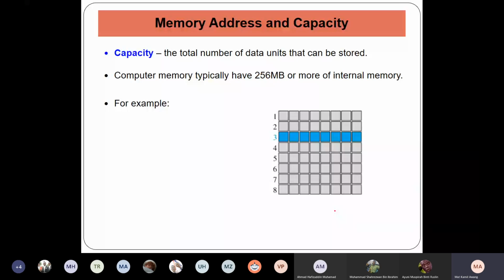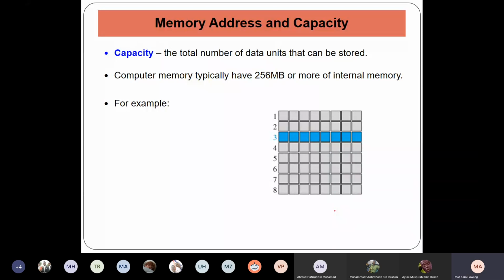And if you want to know whether it is byte or bit, you look at the letter B. If it's a capital B, it means bytes. If it's a small b, it is a bit. So computer memory typically has about 256 megabytes or more of internal memory.